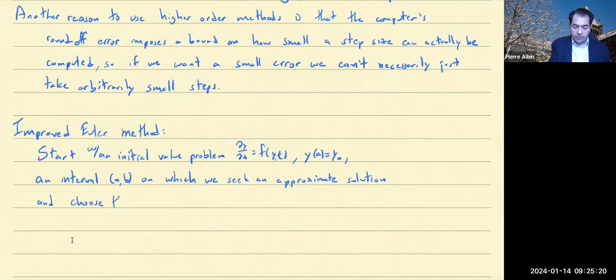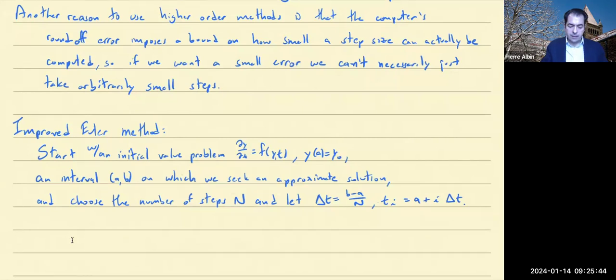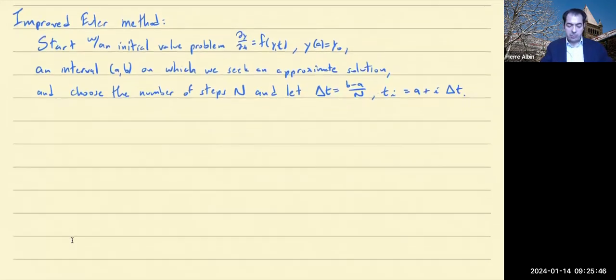And we choose the number of steps n. Then let delta t be (b minus a) divided by n, and t sub i equal to a plus i delta t. Okay, so the setup is the same as for the Euler method.